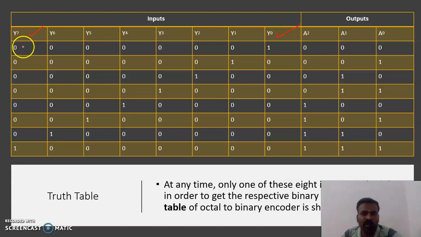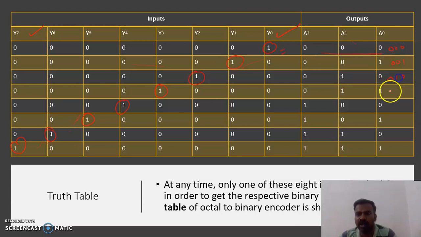So each time only one input is going to be 1. So first time lowest Y0, second time Y1, third Y2, then Y3, Y4, Y5, Y6 and Y7. Okay, so 8 different combinations of inputs are there. So 8 possible outputs are also there. For the lowest combination, I am going to give the lowest outputs 000 and 001.